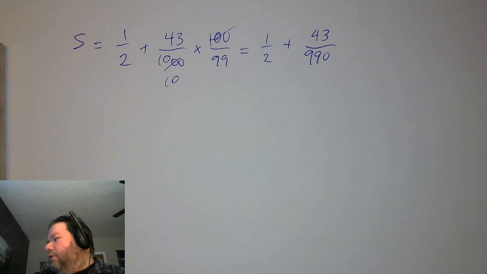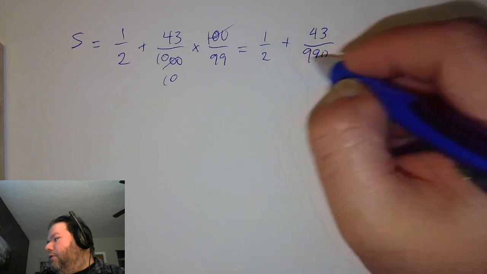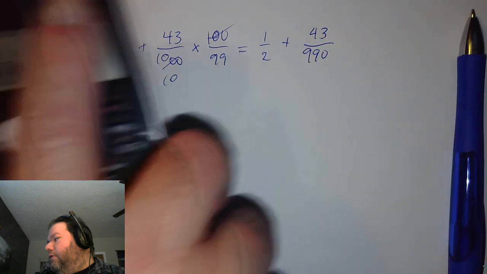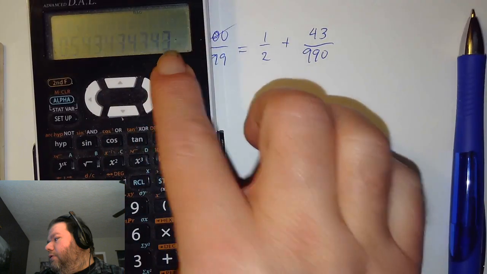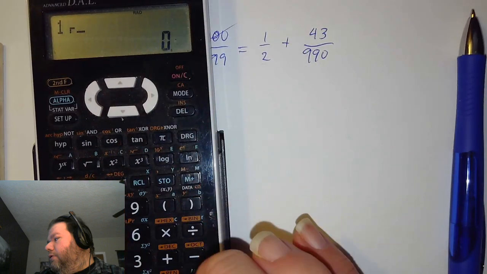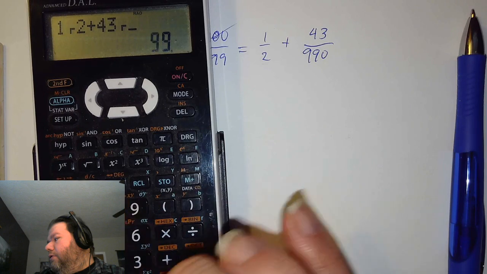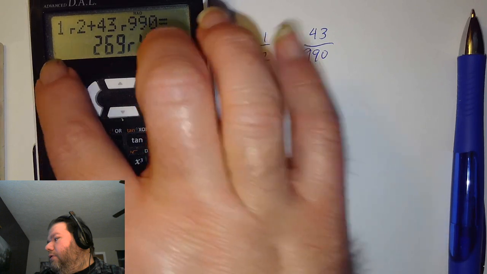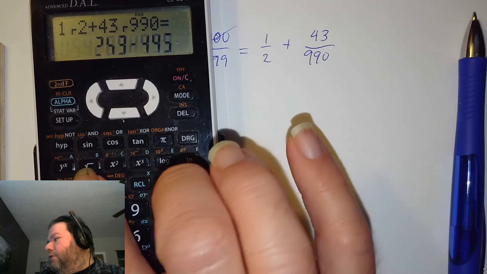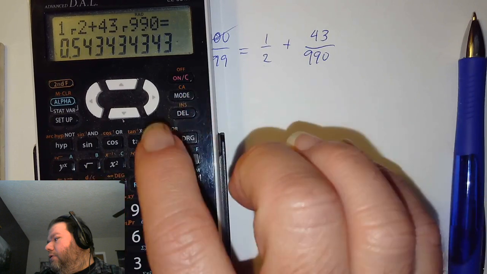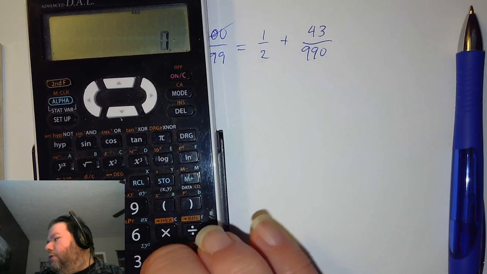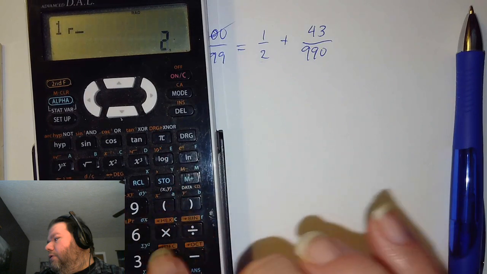Okay. I'm just going to go ahead and put that into my calculator. 1/2 plus 43 over 990. Oh, I did that by accident. Okay. We know it's correct now.